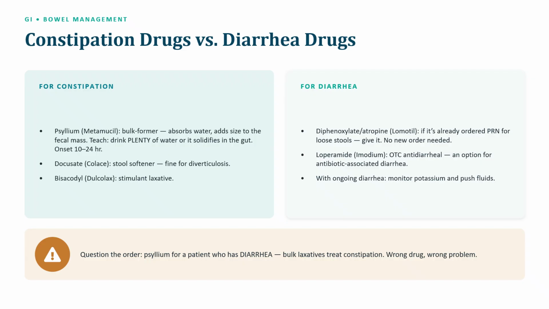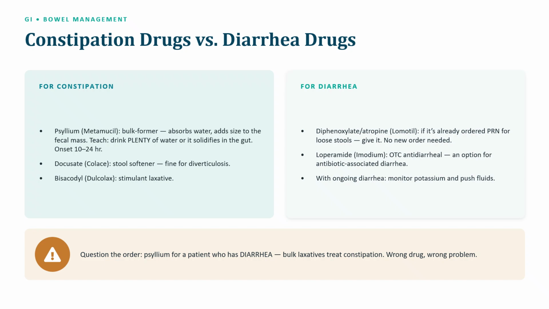So one principle applies broadly. If the appropriate intervention is already ordered as a PRN medication, administer it. Calling the provider, increasing an IV rate, or obtaining a specimen, those all require orders that you may not already have.